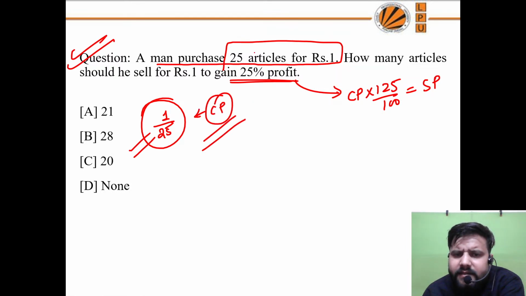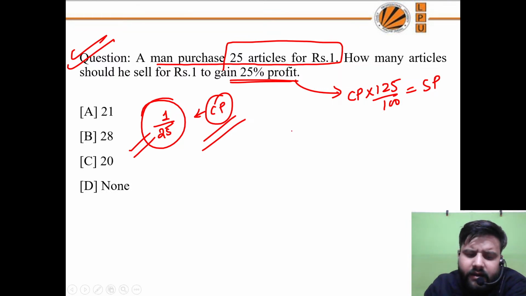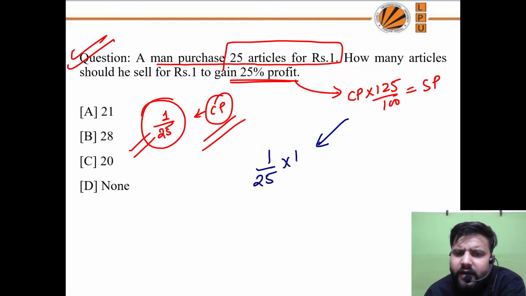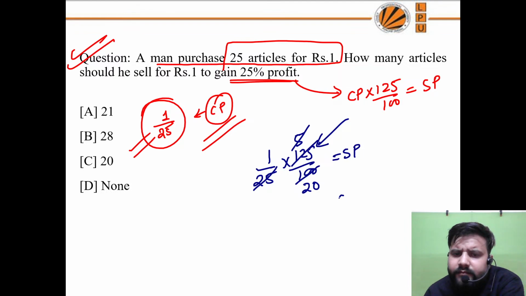Now you have to calculate SP. Let's see how to deal with it. Just put it into the formula. Your CP is 1 by 25 multiplied by 125 by 100. So it is 25, 5 times 5, how many times? 20 times. So your SP for the question is 1 by 20.